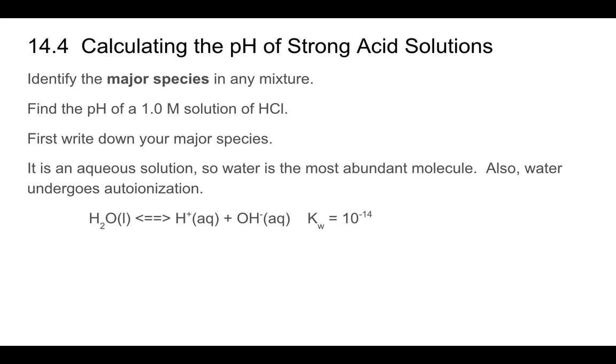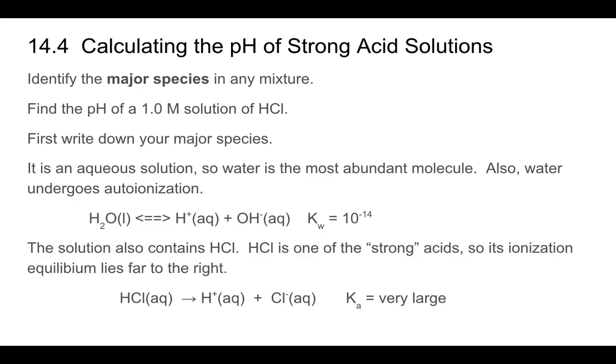Of course, the Kw for the autoionization of water is only 1 × 10⁻14 at 25 Celsius, so water is not a huge contributor of H+. The solution also contains HCl. Since it is a strong acid, we are going to assume that its equilibrium lies far to the right.